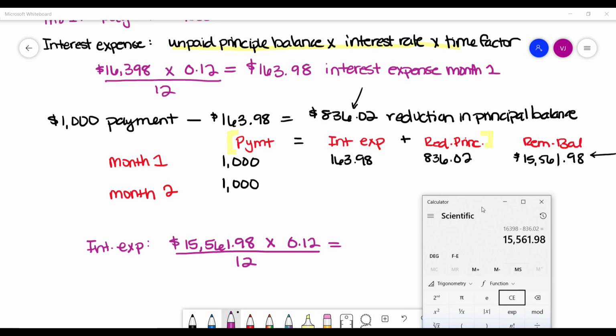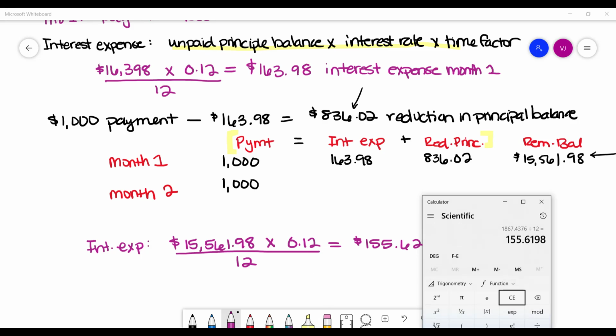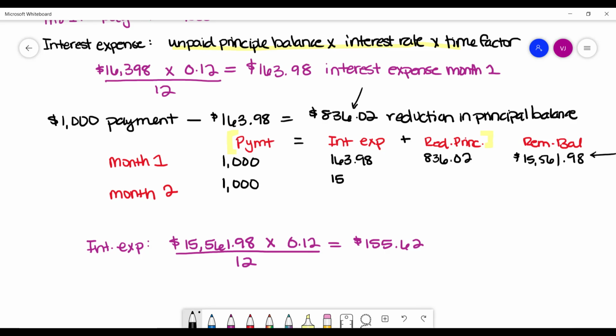We're going to take that $15,561.98 times 12% and divide that by 12. So it looks like the interest expense for month 2 would be $155.62. So that's the portion of the $1,000 that will go to pay the interest on the loan.